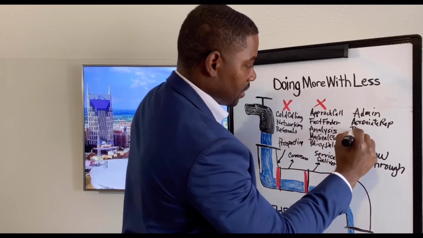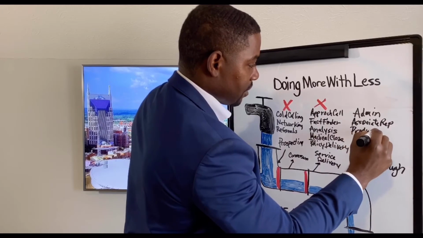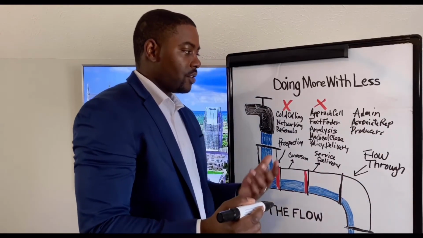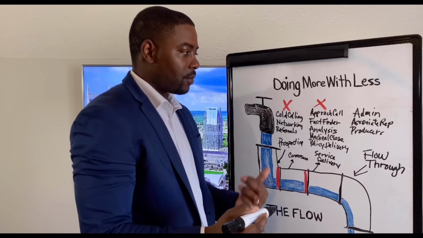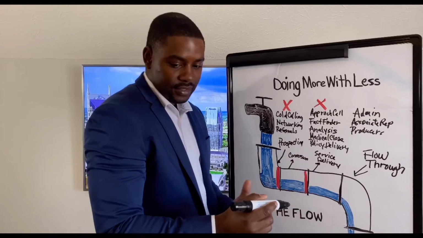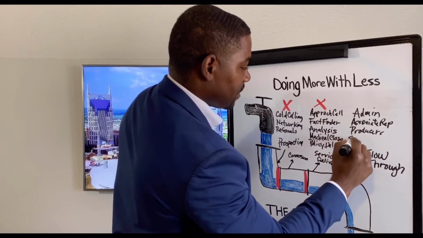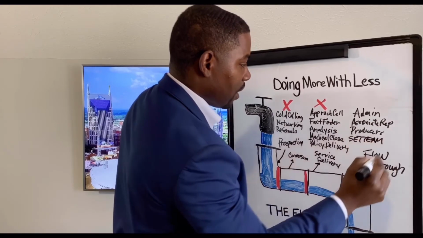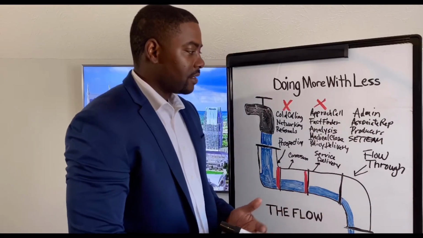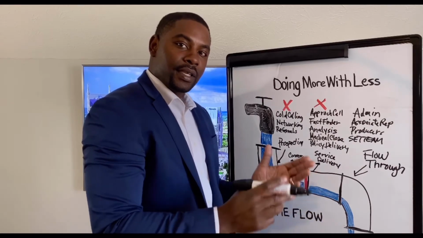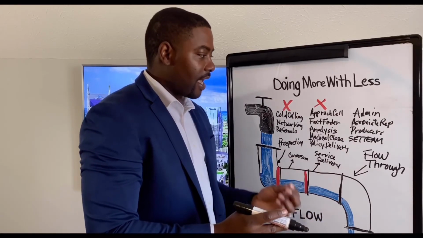And then you're going to hire some producers to help you grow your team so that you don't have to do 100% of this prospecting yourself and you can really focus on growing your business. And then you may have a set team. These are people who help process the applications and make sure that everything that goes through to the home office is all lined up and all documents are signed.